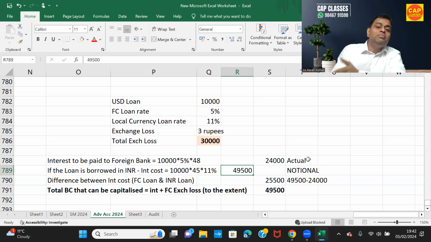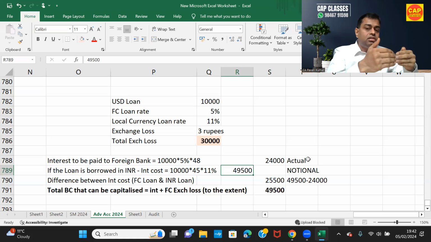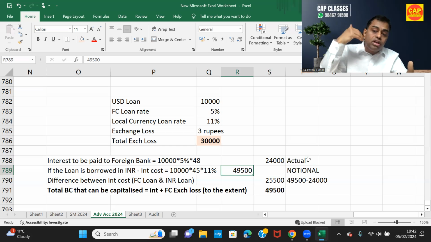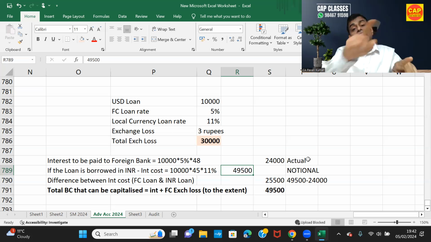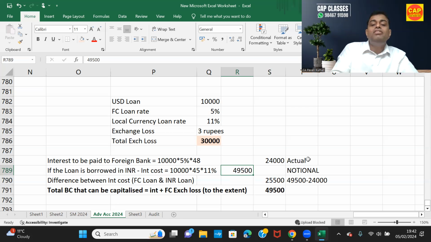Your actual loan is only in Barclays. You do not have an INR loan, but ICAI is taking a benchmark. If this money is borrowed in Indian currency, Pavan might have spent 49,500. So total borrowing cost, I will accept up to 49,500 only, which comprises the actual interest cost paid by Pavan in Barclays in UK plus the differential amount, so the total will come to 49,500 only. It will not exceed that.